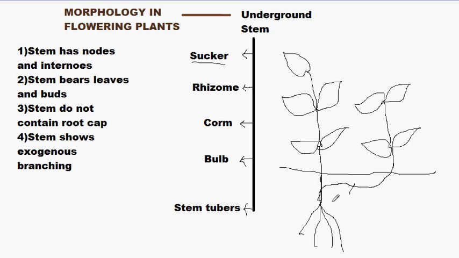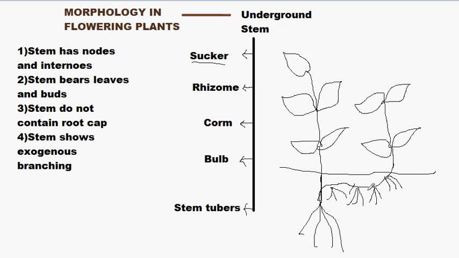I have not mentioned it over here, so let me mention that as this branch grows, it will root at intervals. So you may think, how can the plant survive if it is separated from the parent plant? But it has roots.